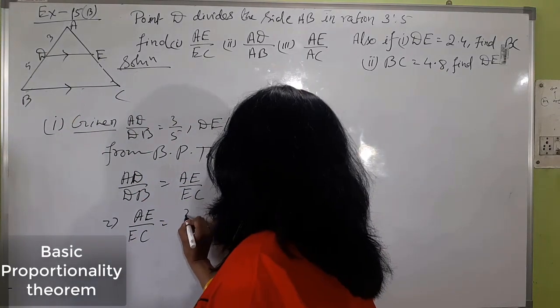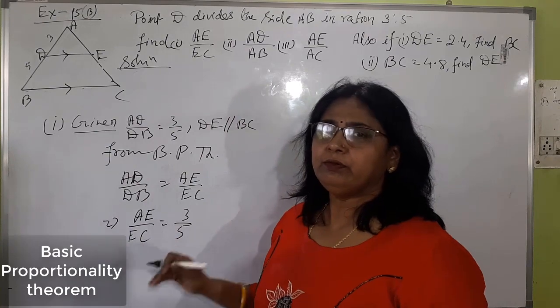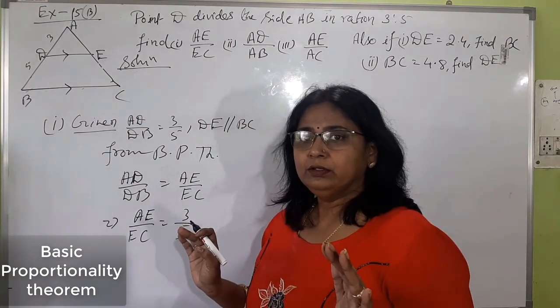That's why it is 3/5. The first number here is just this much. Very basic thing. Understood?